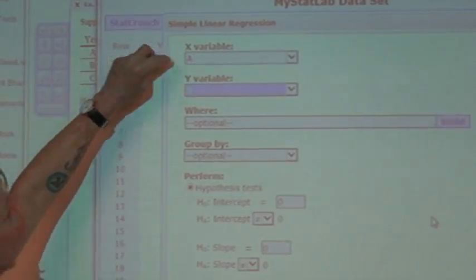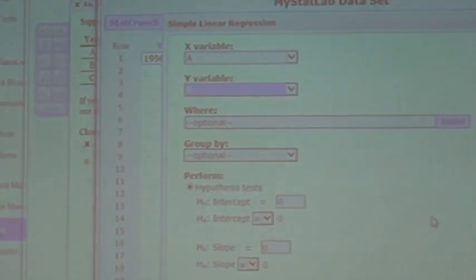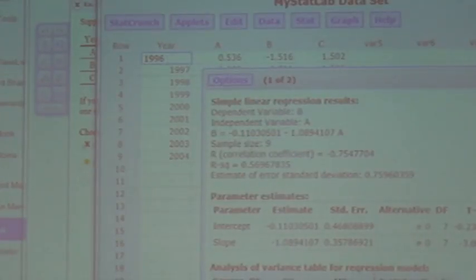A is increasing, B is decreasing. And then Compute. Okay, it looks like we've got an R value, a correlation coefficient, of negative 0.755.